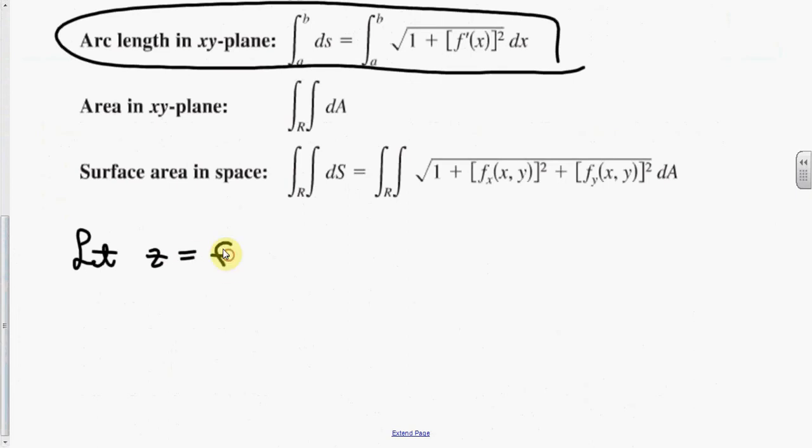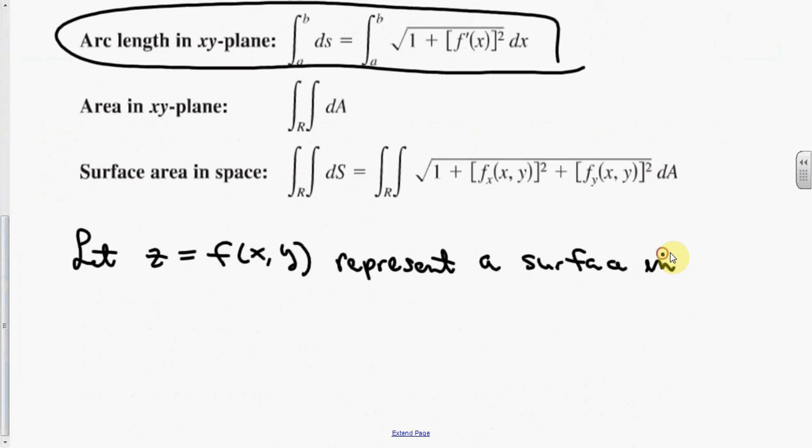Let z equal f of x, y represent a surface in three-space. Here we set capital F to equal f of x, y minus z.